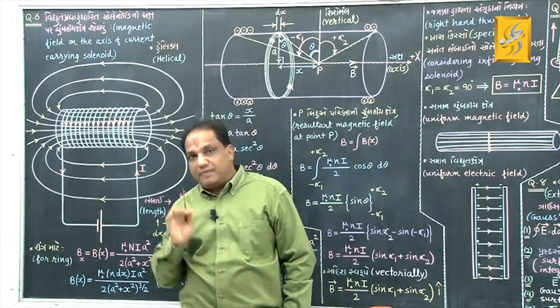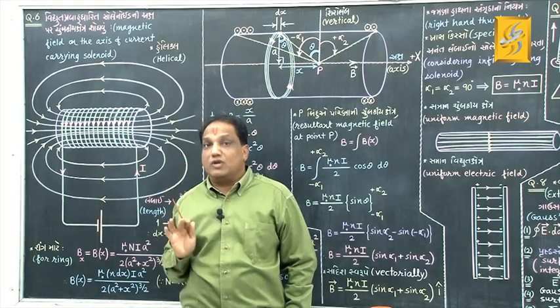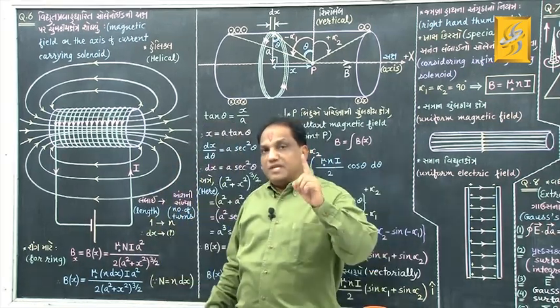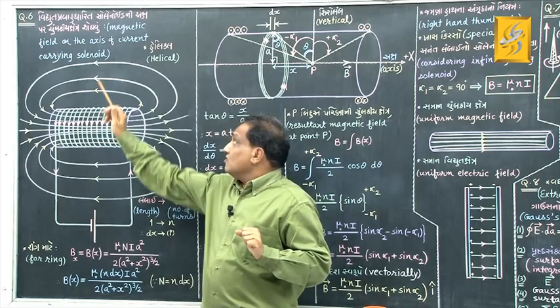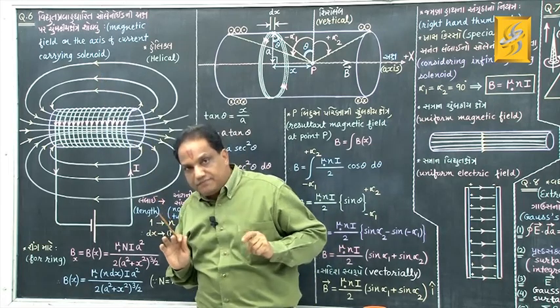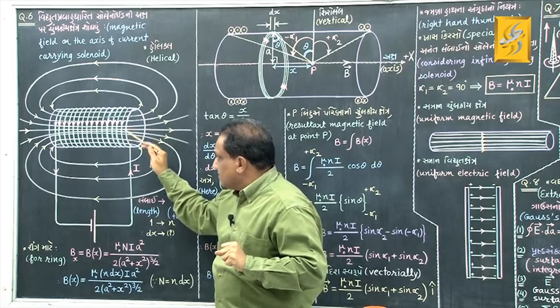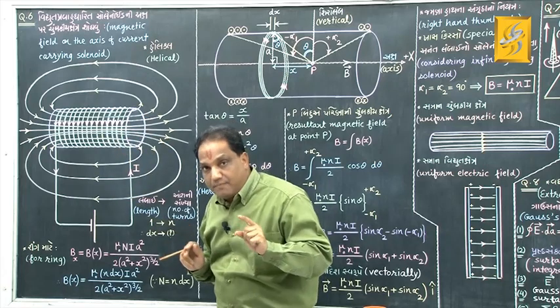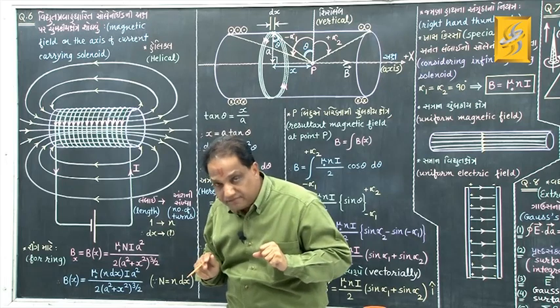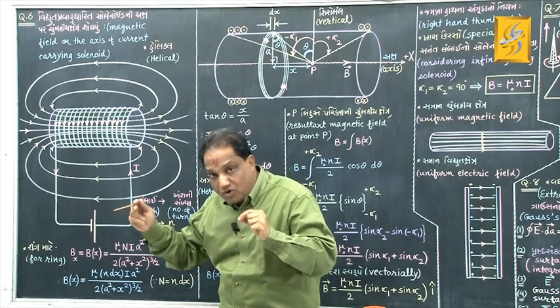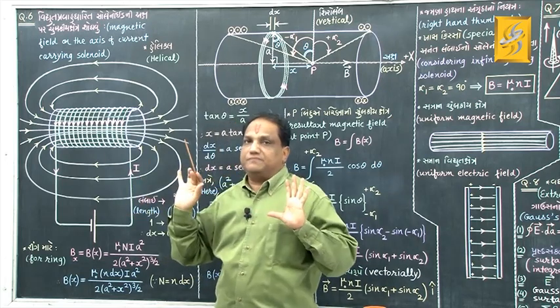Now first of all, let me introduce what is called a solenoid. My dears, to understand what a solenoid is, consider a cylindrical coil which is made up of some isolated wire which is very closely wound on some cylinder.